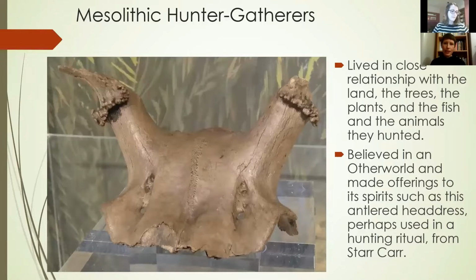These Mesolithic hunter-gatherers lived in close relationship with the land, the trees, the plants, and the fish and the animals they hunted. They believed in another world, a spirit world which was adjacent to our world, to which the spirits of both the human dead and the animals went. And they made offerings to these spirits, such as this antlered headdress, which was perhaps used in a hunting ritual, from Star Carr in Yorkshire.